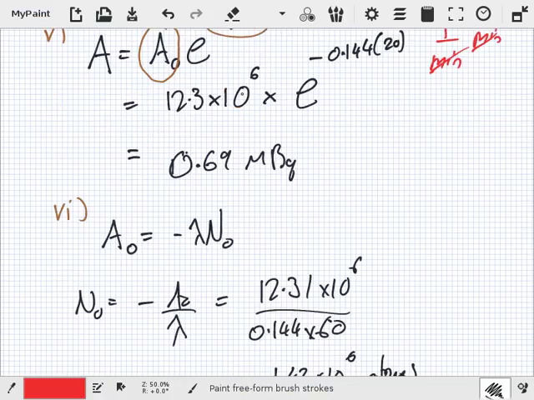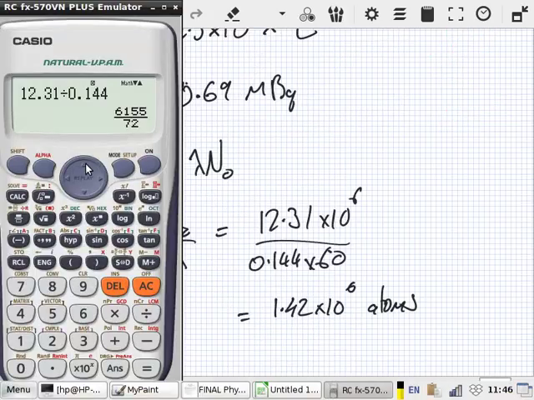What? Don't tell me I just typed this in wrong. Okay, fine. See? Right. 12.31 times 10 to the power of 6. 0.144 times 60. No, it's divided by 60.